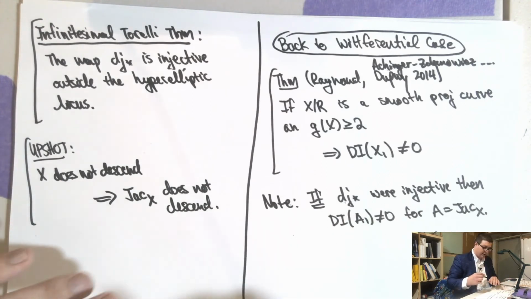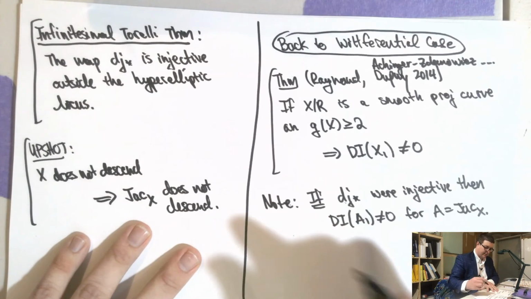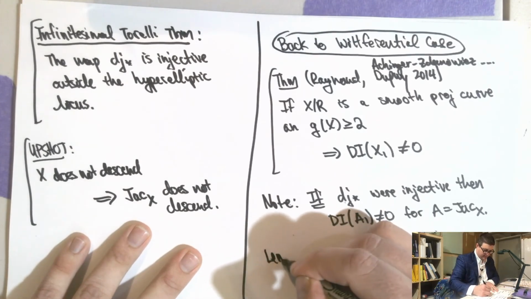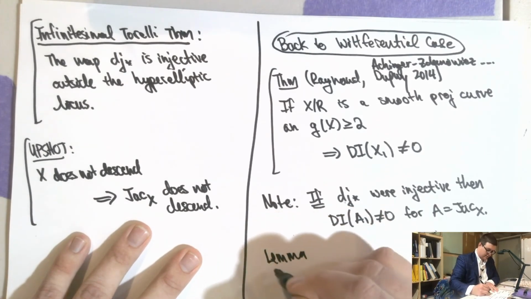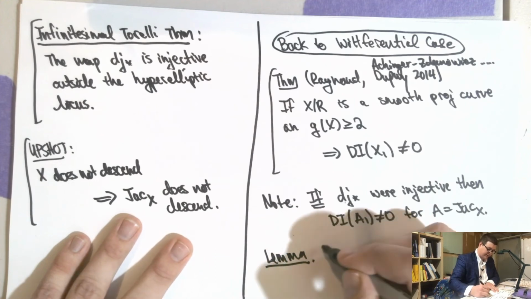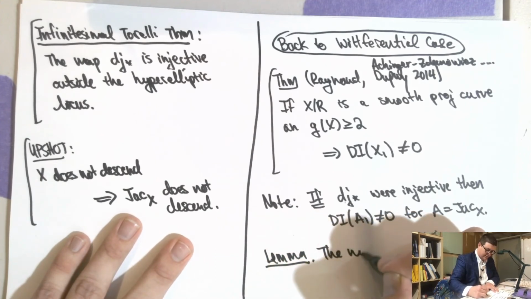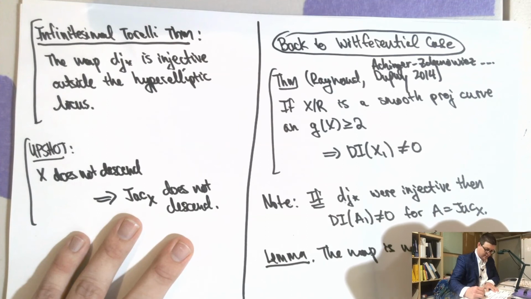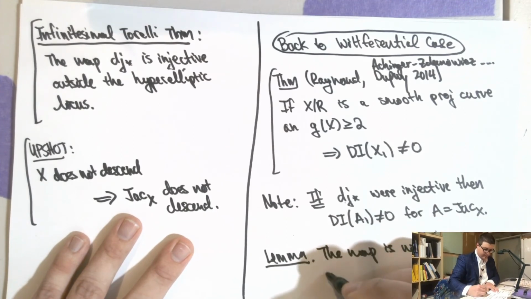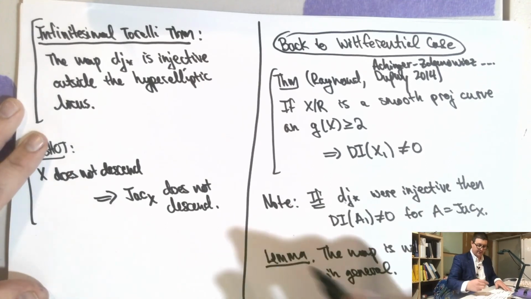Okay, so lemma. The map is not injective in general. This is an easy computation. Maybe you guys have already done it.